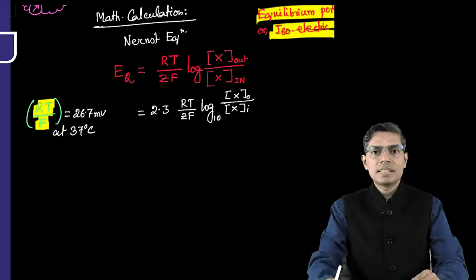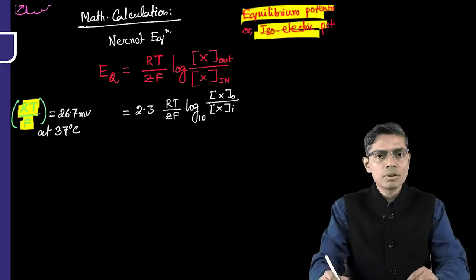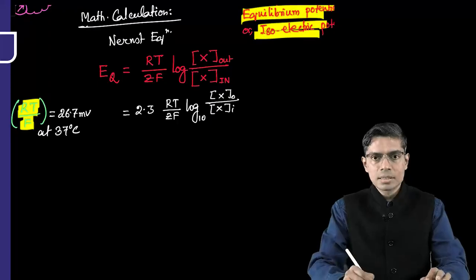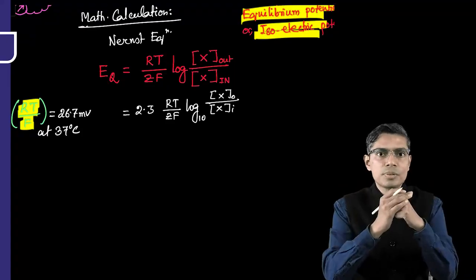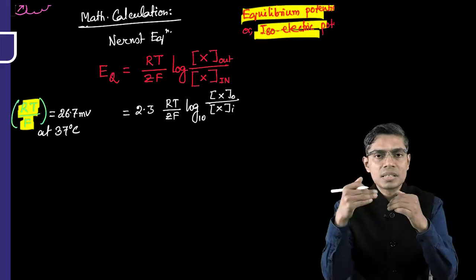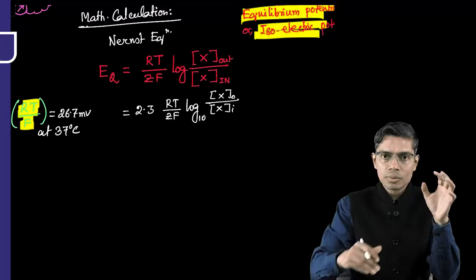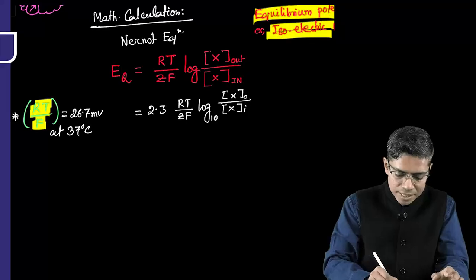Now if you change the temperature, then this constant will also change, and that's why different books have given different values for the Nernst equation, because most of the experiments are done on seawater, whose temperature is different from our body temperature. But we are considering the human cell, where the core body temperature is 37 degree centigrade.